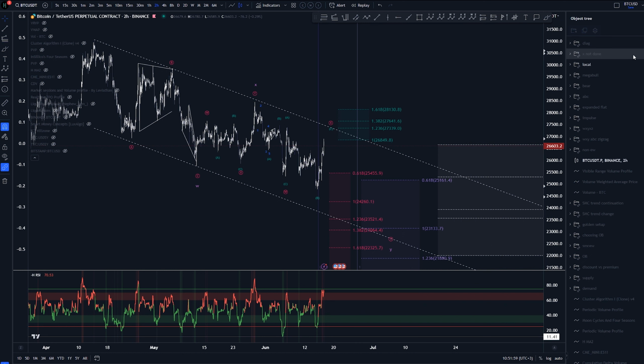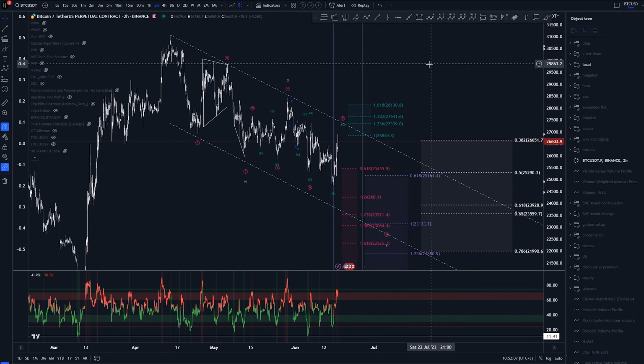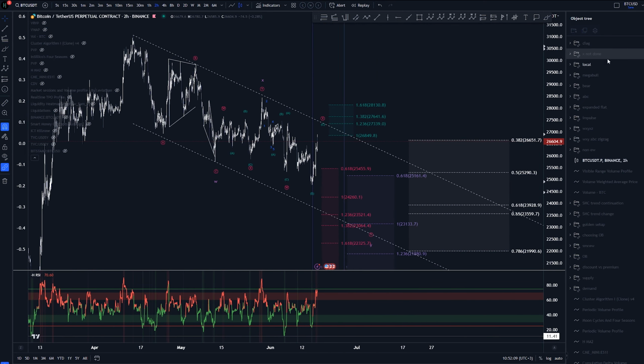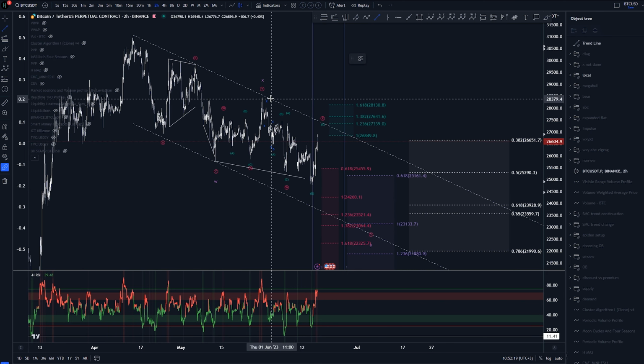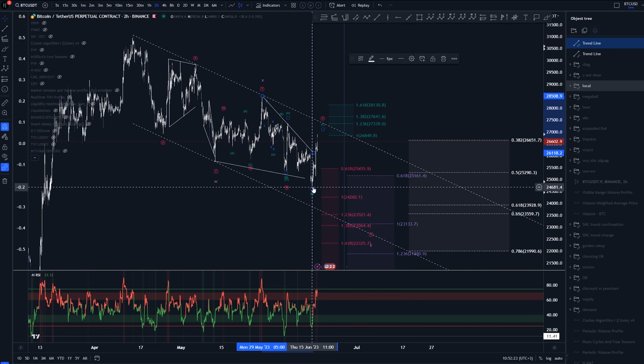The other ones that we were talking about previously, the diagonal and the X wave not being done, where this could be somewhere in here later on, are not that likely to me at this point. I do like the idea that this is coming down once more. The diagonal option is still there. That would be something like this here, and that could be finished here.